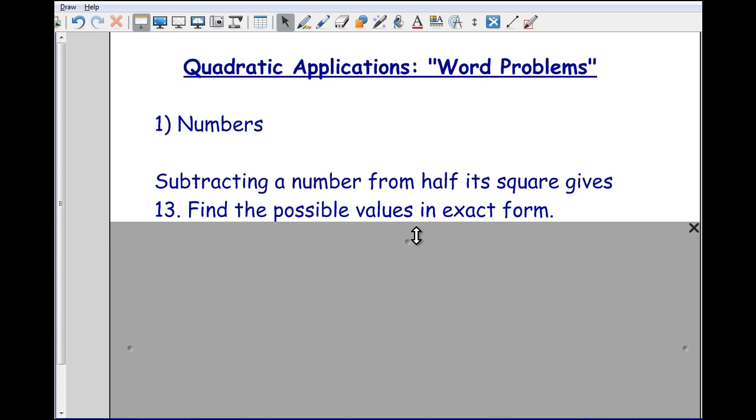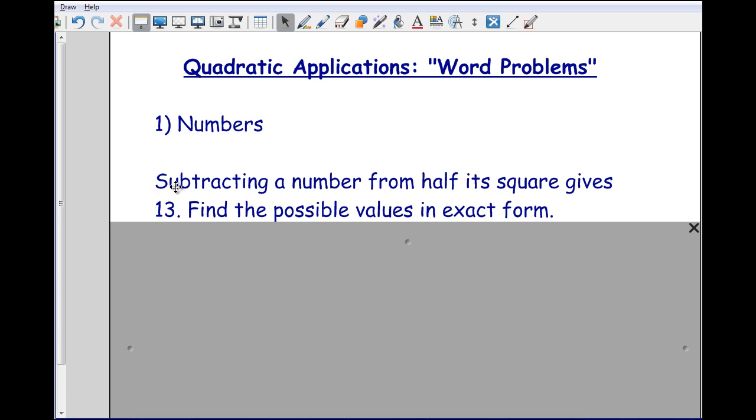Okay? So here we go. Subtracting a number. What are we going to use for a number? We're going to use x. Okay, so from half its square. Well, its square, who's its? It's the number. And the number we said was x, so square x, and you get x squared.